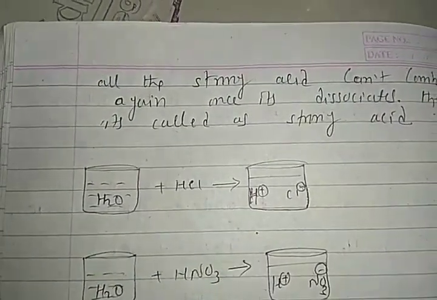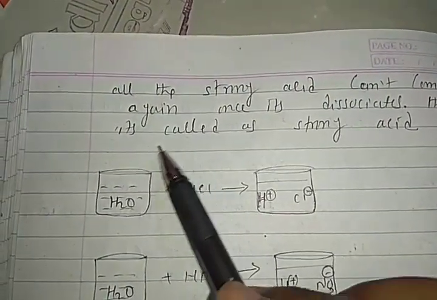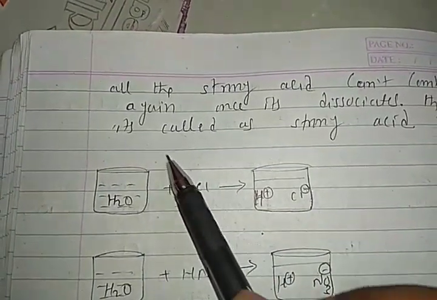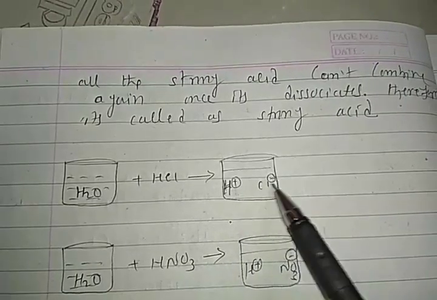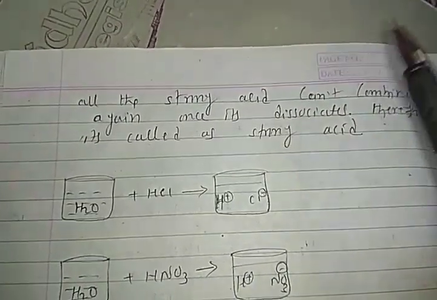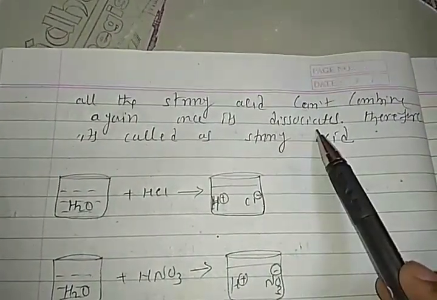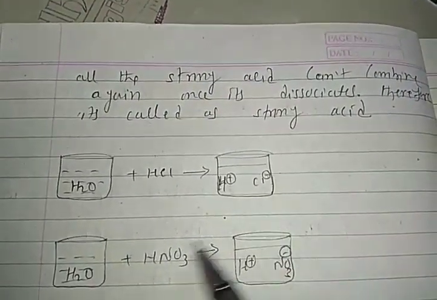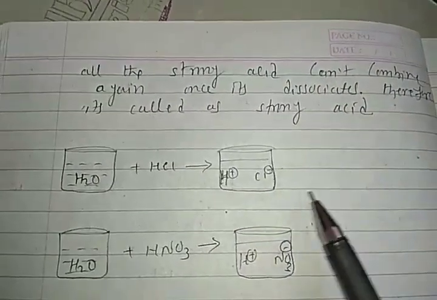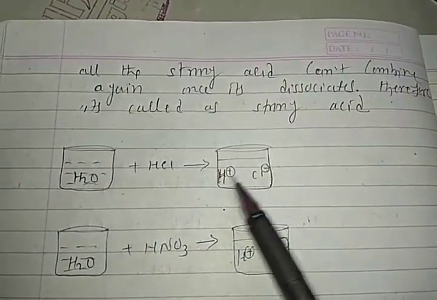But in this acid, after it dissociates in water to form ions, the ions cannot combine again, so it is called a strong acid. The ions remain in water as ion forms only. They cannot combine with each other.